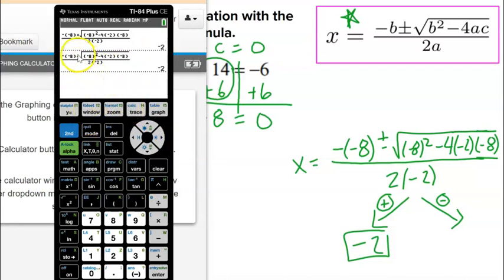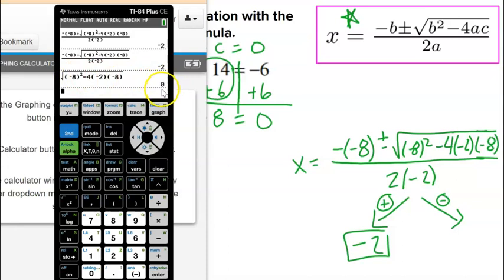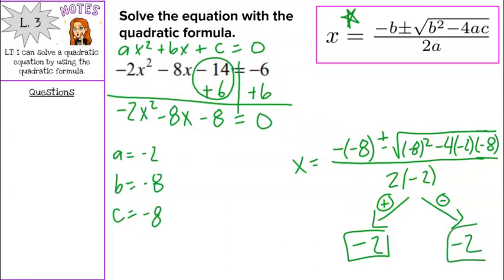And this happens when the square root value is 0. So as you can see, if we just take that square root piece and type it into our calculator, it gets 0. So when you add 0 or subtract 0, you're going to get the same value. So this is just one of those cases where we only have one solution, and our solution is -2.